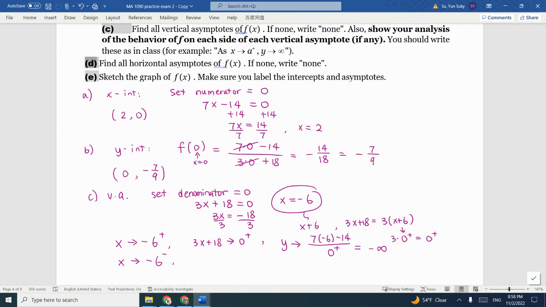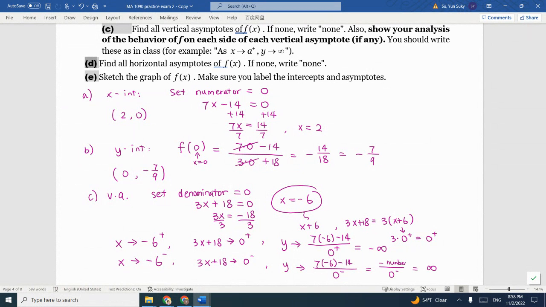And then how about x goes to -6 from the left? Then 3x plus 18 will go to 0 from the left. So y goes to, you see the numerator, still the same thing: 7 times -6 minus 14, still a negative number. But now it's over 0 minus. A negative number over 0 minus is actually positive infinity.